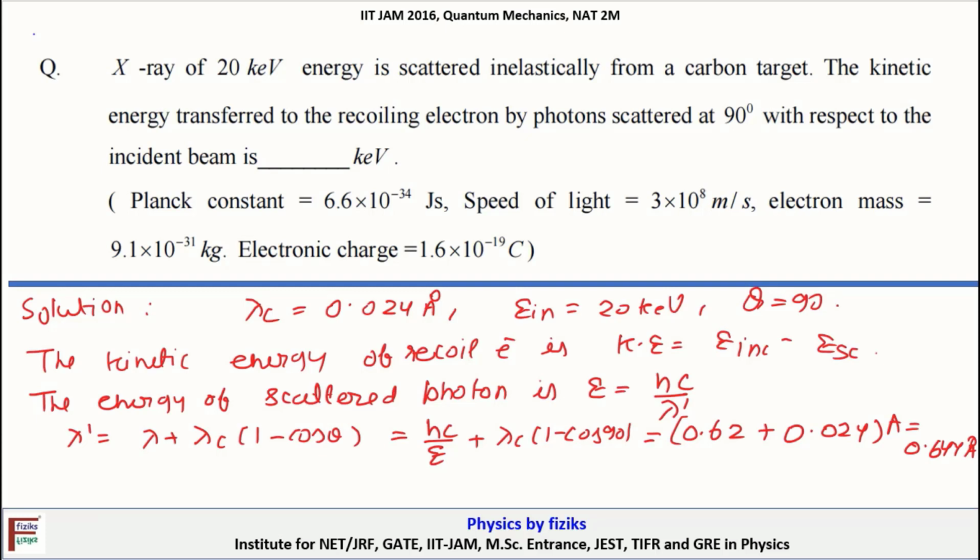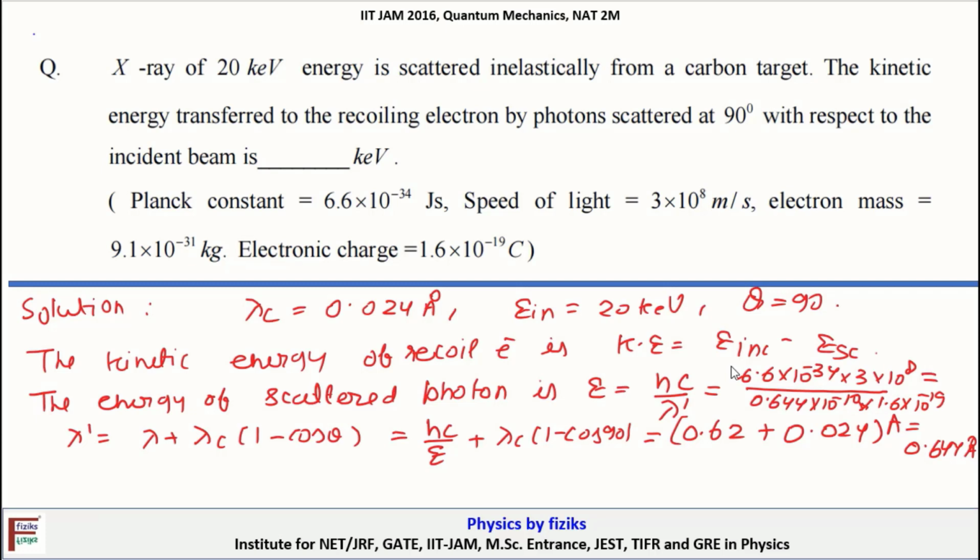So the energy of the scattered photon would be 6.6 times 10 to the power minus 34 into 3 into 10 to the power 8, divided by 0.644 times 10 to the power minus 10, into 1.6 into 10 to the power minus 19.